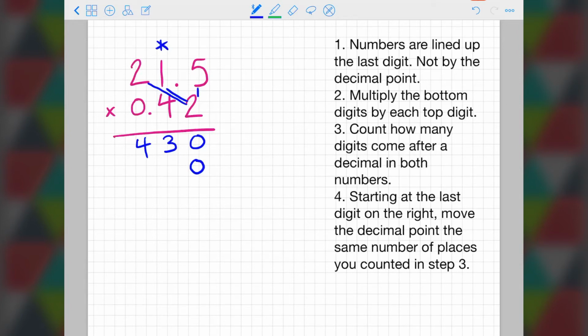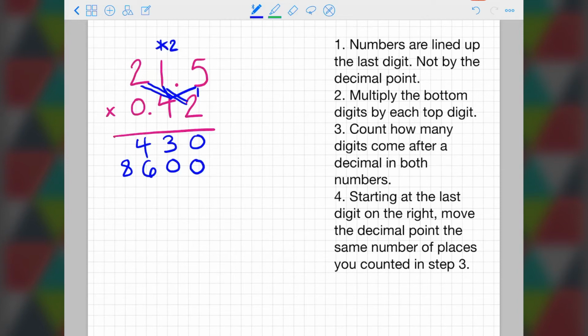Now, starting with our 4, our next row, we're going to still multiply that by the first digit over here. 4 times 5 is 20. The 2 carries over here to the 1. 4 times 1 is 4, plus 2 is 6. 4 times 2 is 8.